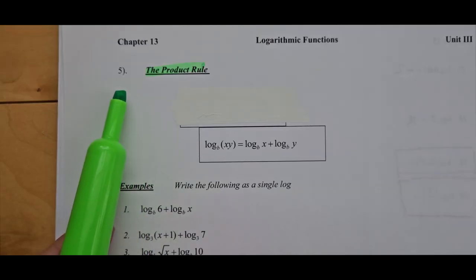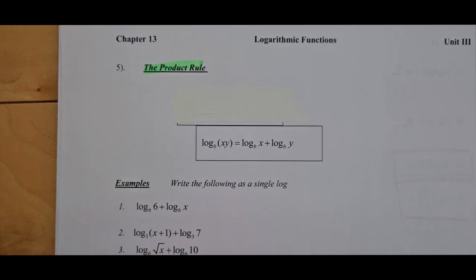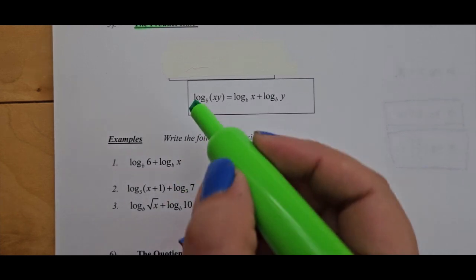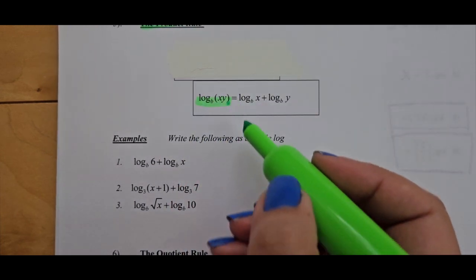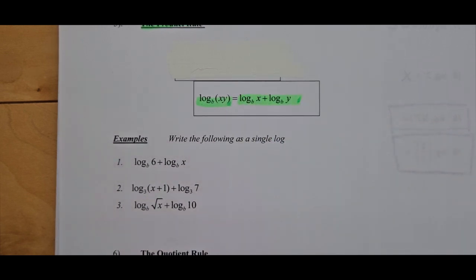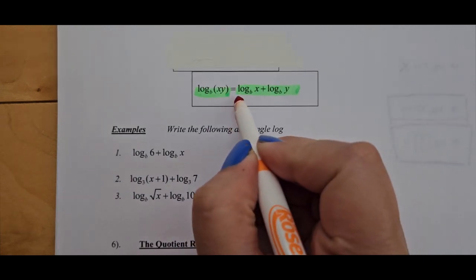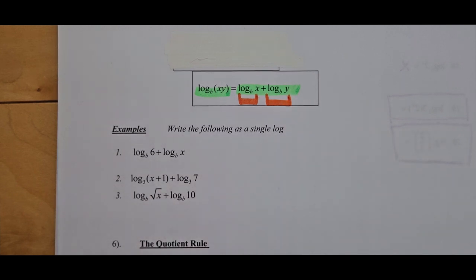Okay guys, now rule number 5 of the logarithm, it's called the product rule. Remember, this is a very interesting rule. In here, on this side, you have log of x multiplied by y, but on this side, it will be a sum of log plus log.